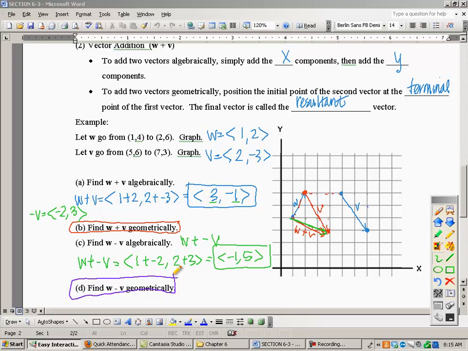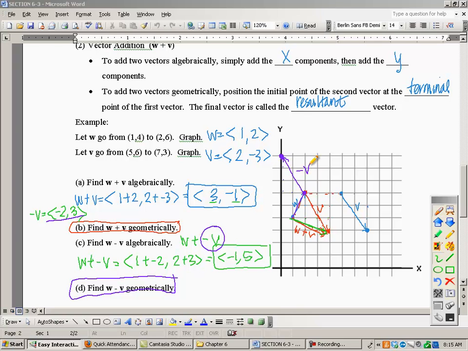Now, we said you had to add the negative. Okay, so where W ends, so I'm looking at this one, where W ends here, I need to do the opposite of V. And the opposite of V said go, if I look over here, go left 2 and up 1, 2, 3.